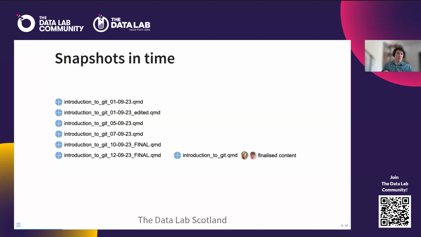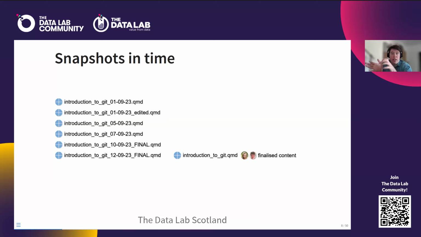And we might end up with lots of different files. We've dated those files and we've annotated those files with different notes that sort of tell us where we're at. But the problem that we see, one is that these dates were from a long time ago. So it's a bit strange that we were doing this presentation 2 years ago, but also it's not immediately obvious which of these files is the final one that we should be using for the presentation today.